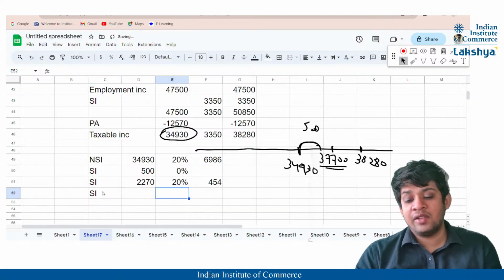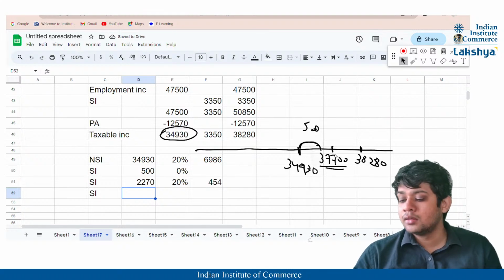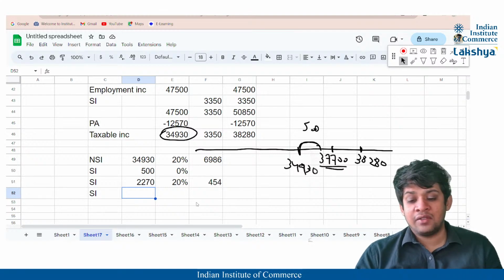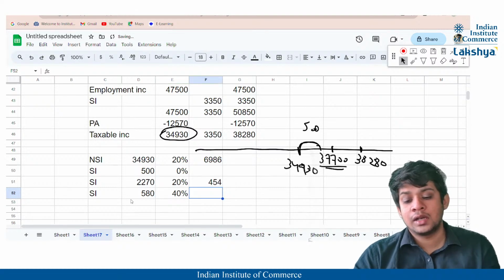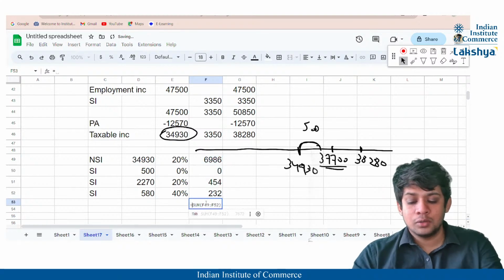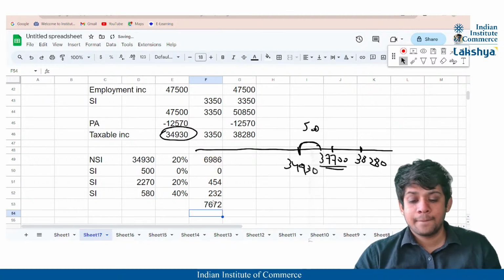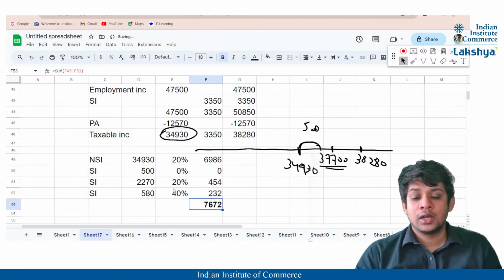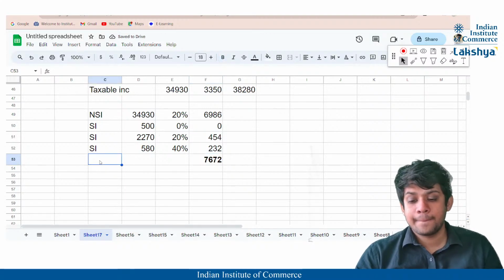And on the remainder of the savings income, that is 38,280 minus 37,700, that is 580, on that you will be charging 40% tax. So my total income tax liability will thus be 7672, correct?